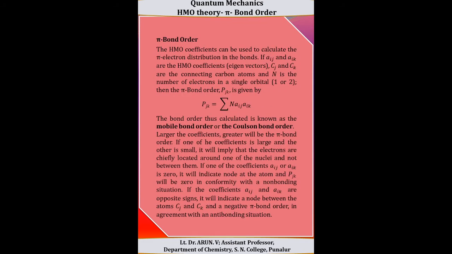Next, we have to study the pi bond order. The HMO coefficients can also be used to calculate the distribution of pi electrons in the bonds.